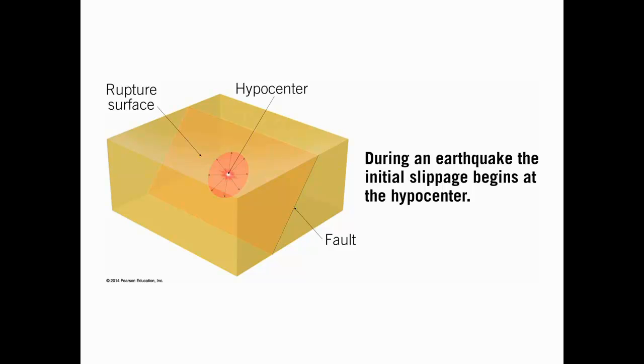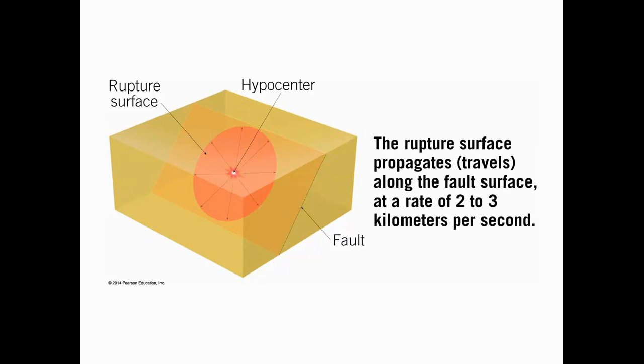Now, when the earthquake occurs, it's not the entire fault that slips. Instead, initial slippage begins within a small portion of the fault plane known as the hypocenter. Within this block diagram, the initial area of slippage is outlined by the circle color-coded red that immediately surrounds the hypocenter.